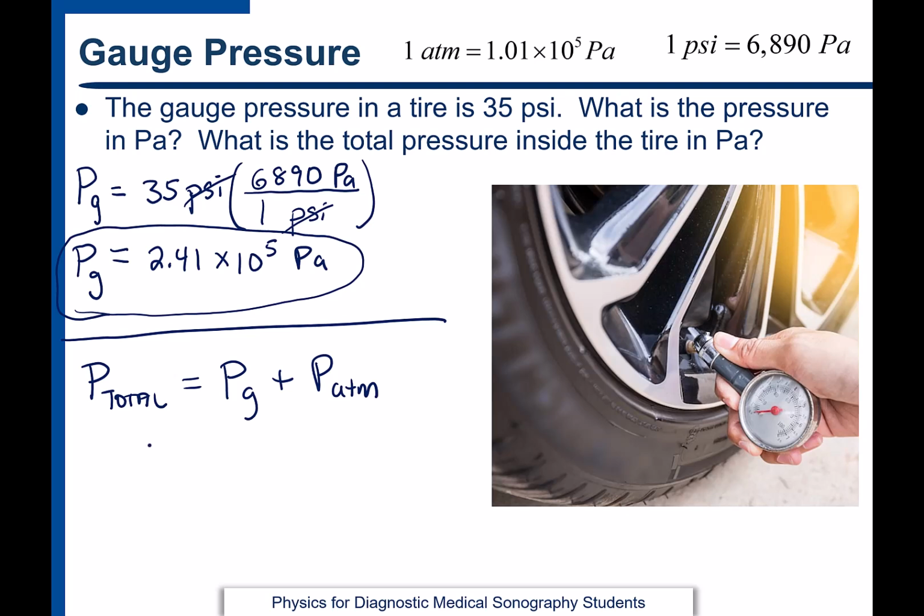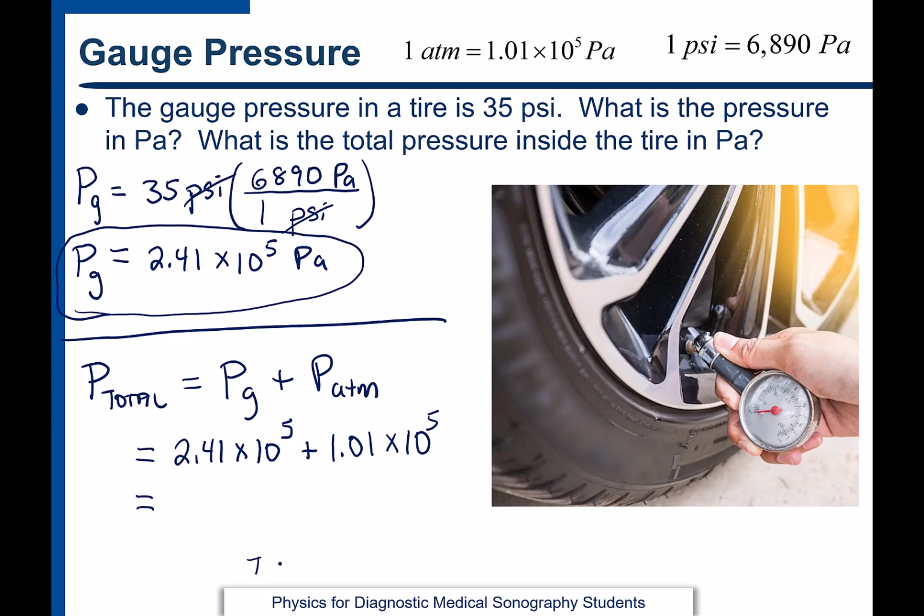So to figure this out, we're just going to take that 2.41 times 10 to the 5th pascals for the gauge pressure. And then we've got to add the fact that the atmosphere adds an additional 1.01 times 10 to the 5th pascals. And so the total pressure inside the tire, or again what we refer to as the absolute pressure.